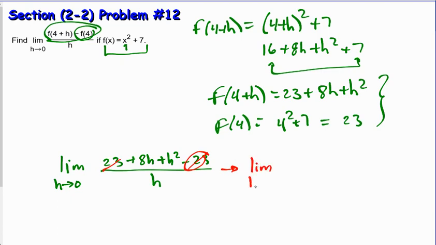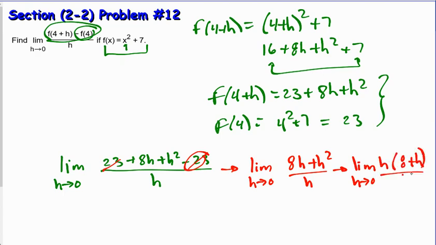Now we have the limit as h approaches 0 of 8h plus h squared over h. And we see we can factor out an h. And at this point, we see the h's cancel, and we can plug 0 into the last h, and our limit is equal to 8.